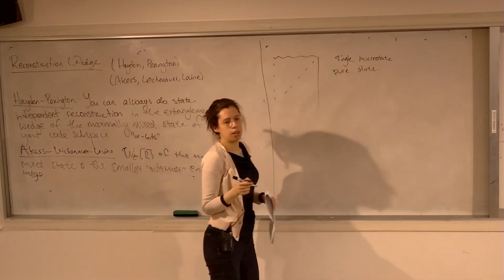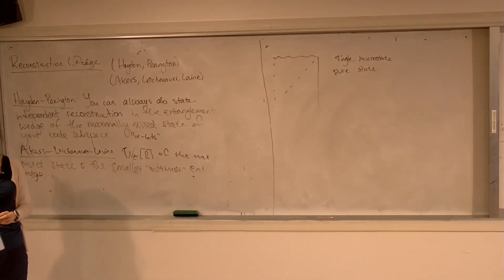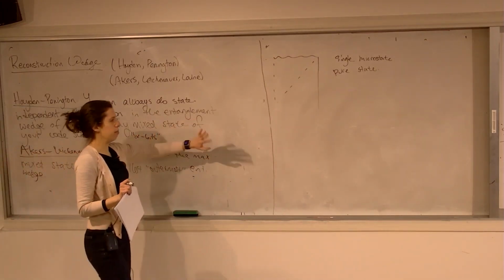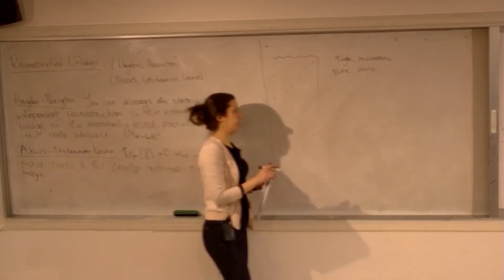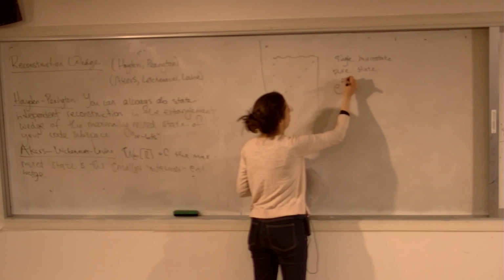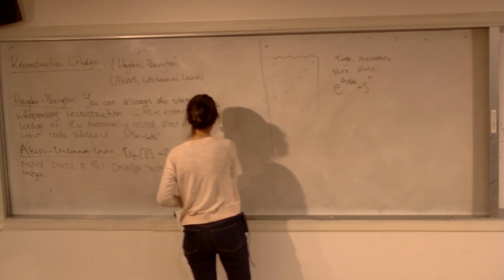And now we say, okay, we want to do reconstruction, but we want to be very ambitious. We want to consider the typical microstates, actually, typical black holes. Now, typical black holes have e to the A over 4G, or e to the S Bekenstein-Hawking entropy, microstates.